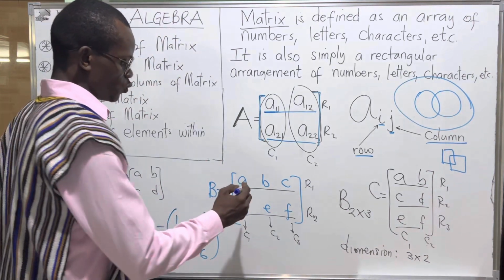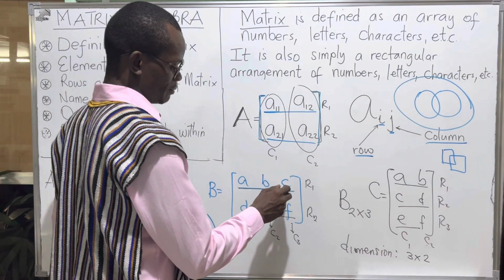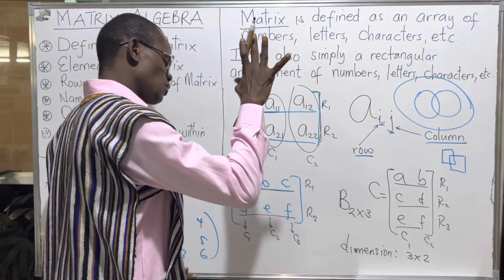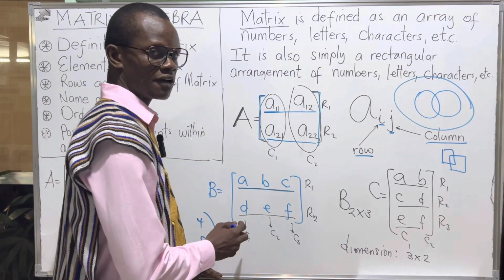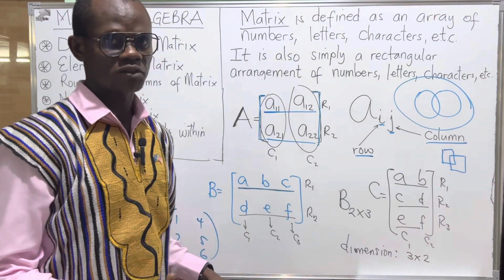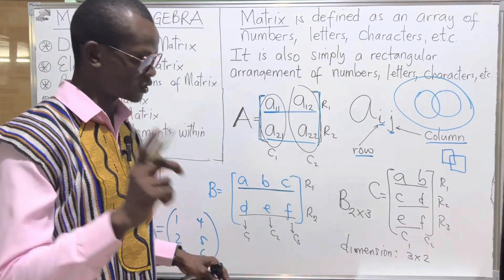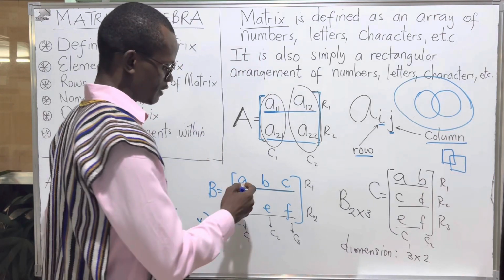So this is row 1. Row 1 has 1, 2, 3 elements. In the rest of the rows of this matrix, you must have 3 elements. The elements don't have to be the same; they can be different elements, but they must be the same number of elements.